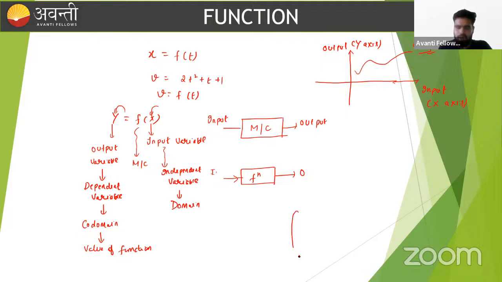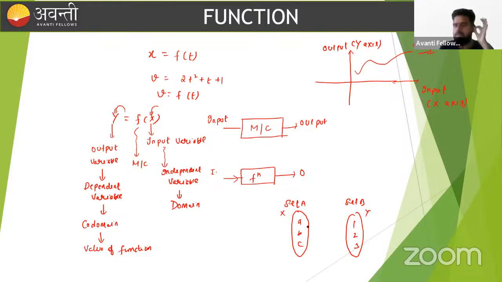We can also understand this with a set A and another set B. Set A has some elements, these are the x elements, and set B has the y elements: A, B, C, 1, 2, 3.